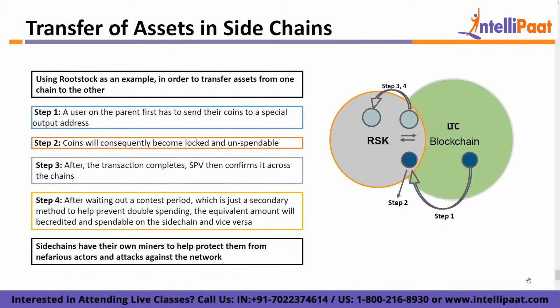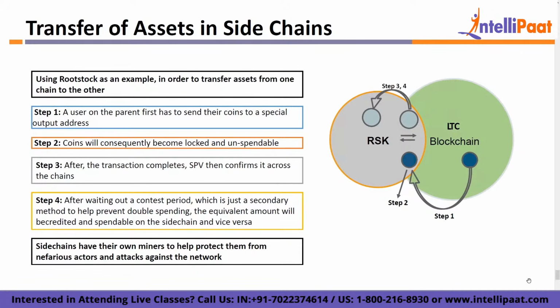After waiting out a contest period, which is just a secondary method to help prevent double spending, the equivalent amount will be credited and spendable on the sidechain, and vice versa once the transaction is completed. So when SPV confirms, where SPV stands for simple payment verification across the chains, the transaction is considered complete and the amount is returned and starts showing in the node's wallet.